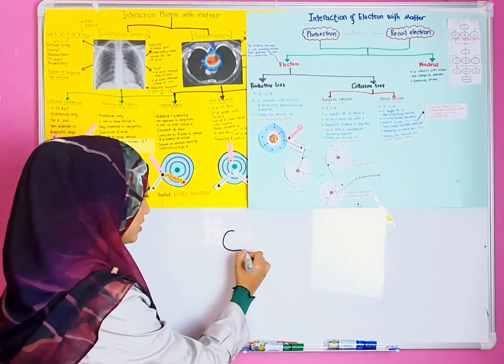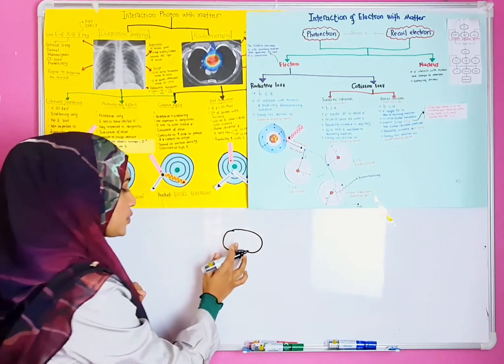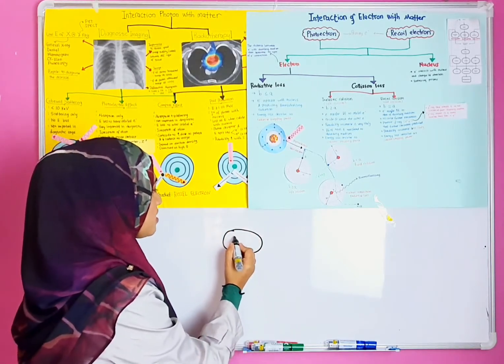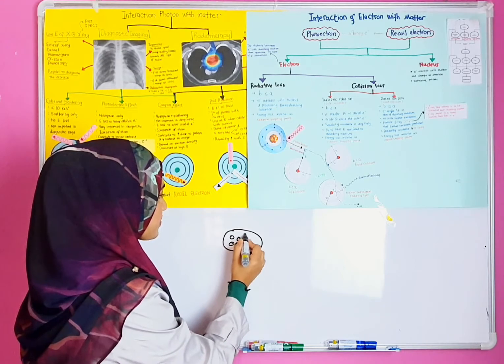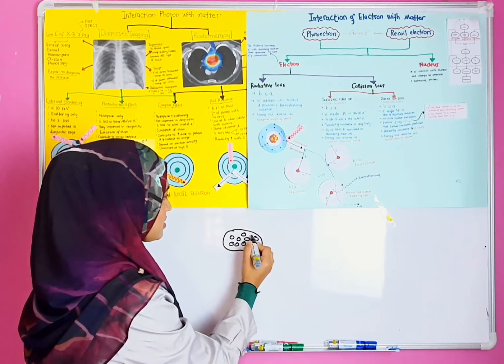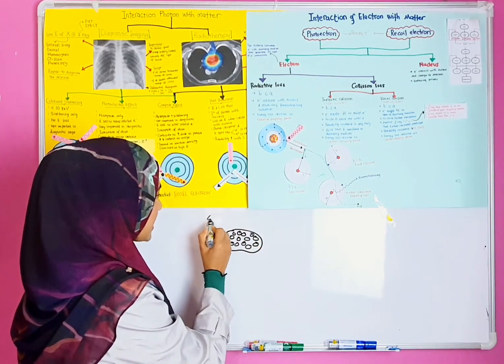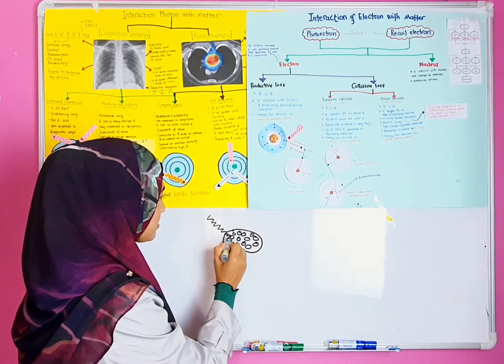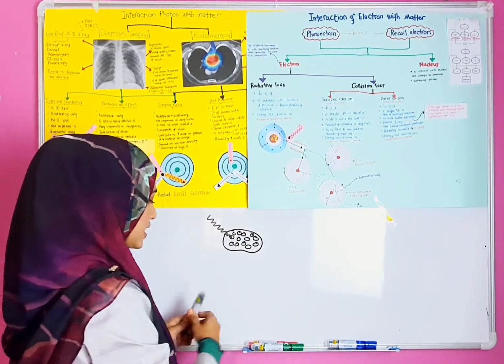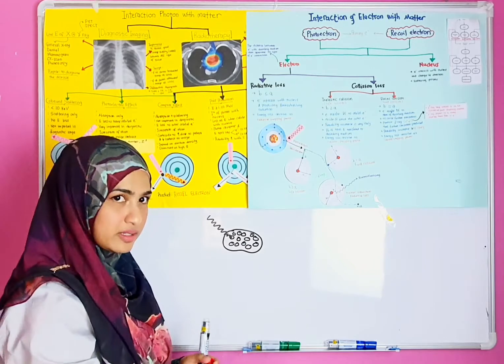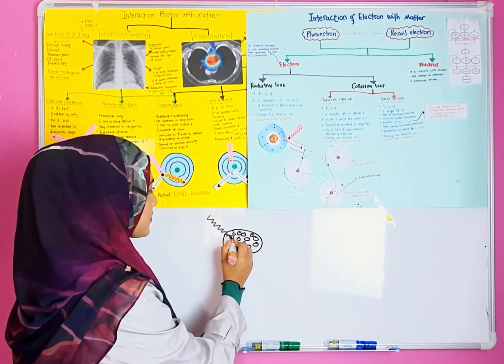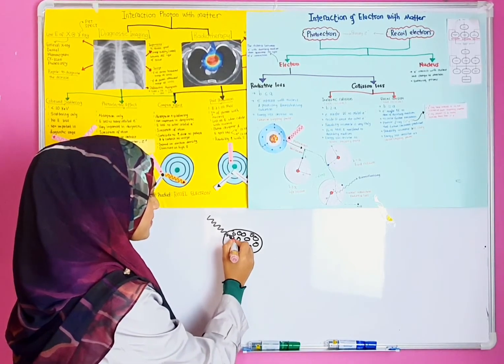So if I take, let's say, human tissue, we have a lot of atoms in a single tissue, and X-rays come in, interacting with single atoms and producing this electron.